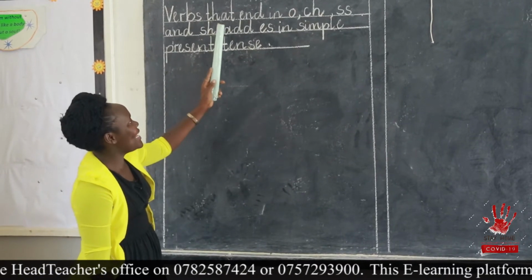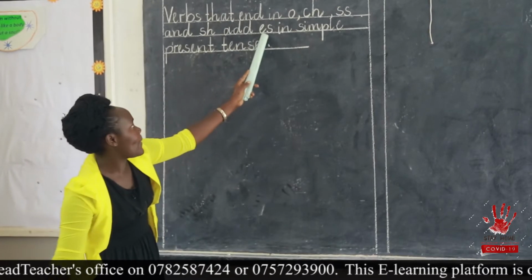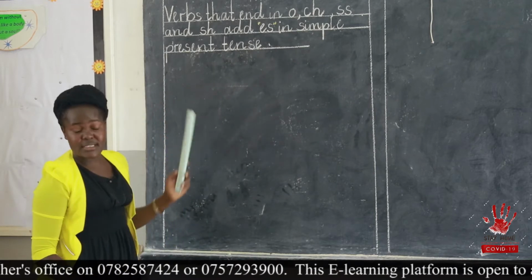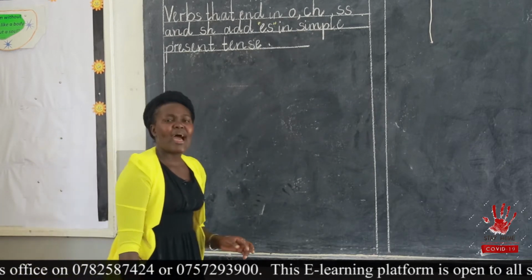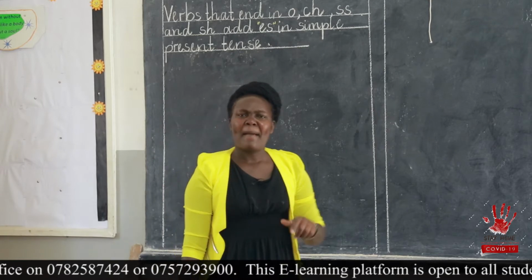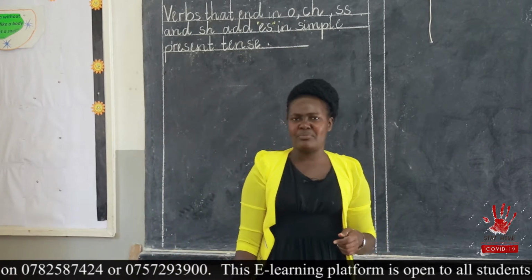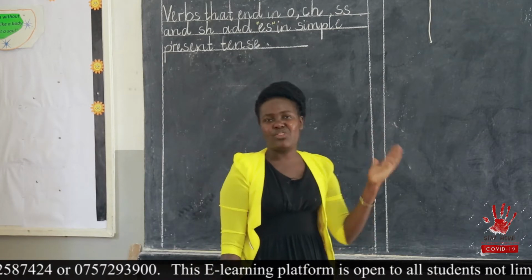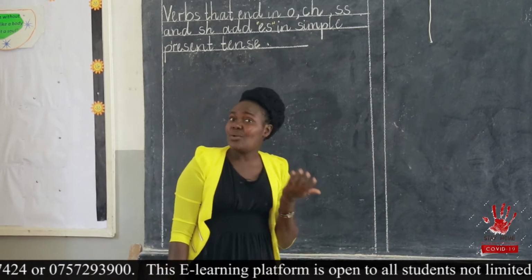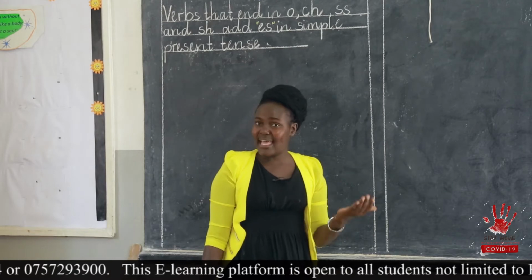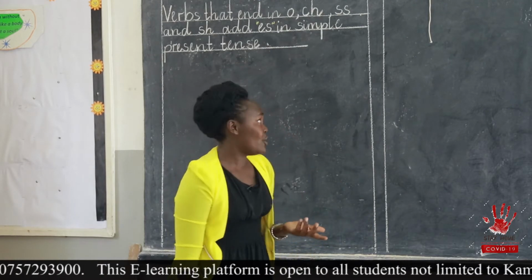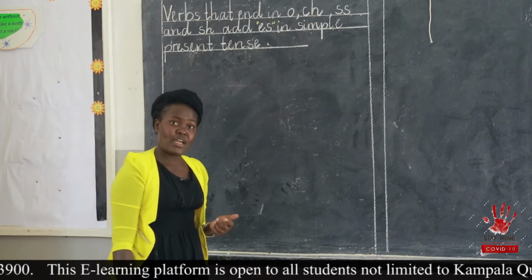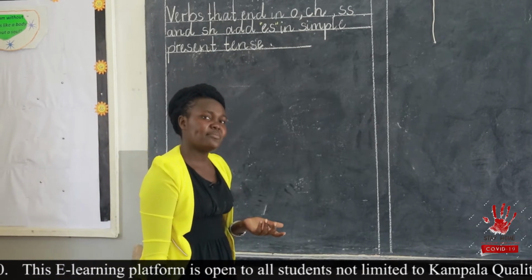These ones add ES in simple present tense. I want to task you, begin thinking of those verbs. Find out those action words that end in O, SS, CH, and SH. Have you tried to identify some of them?